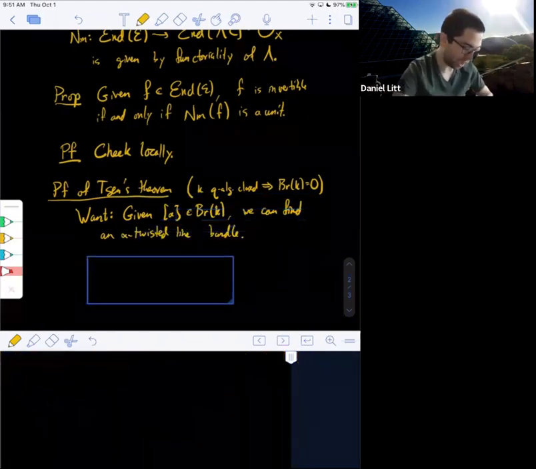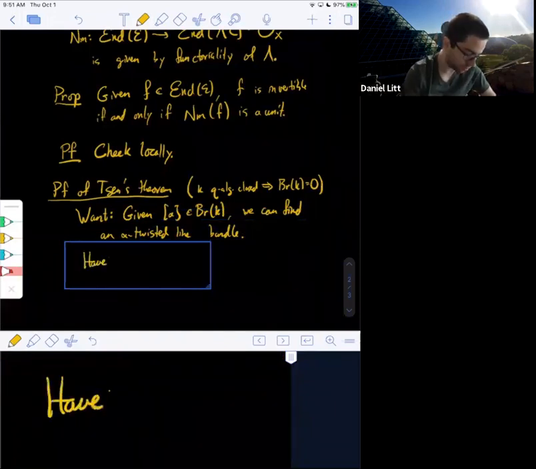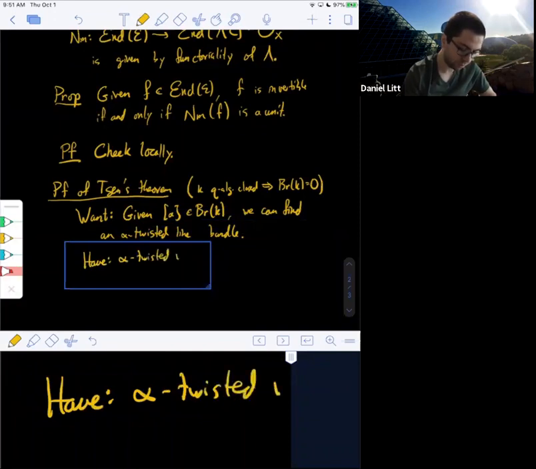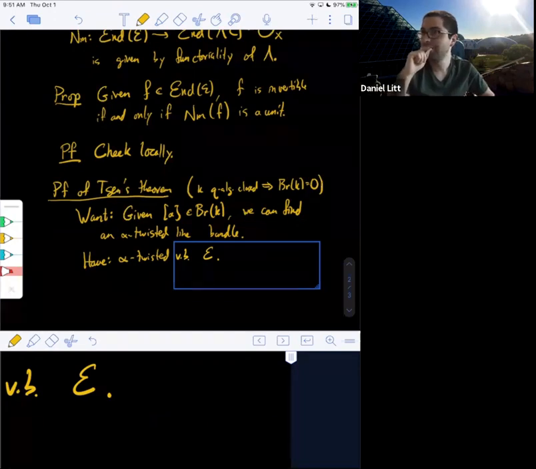Okay, so what do we have? We want an alpha-twisted line bundle. What we have is some alpha-twisted vector bundle E. Why is that? That's just what it means to be in the Brauer group. So anyone have any suggestions? My hint is that we're going to use the reduced norm. So what do we want to do?